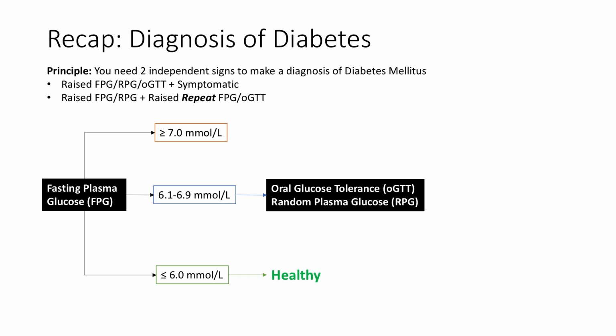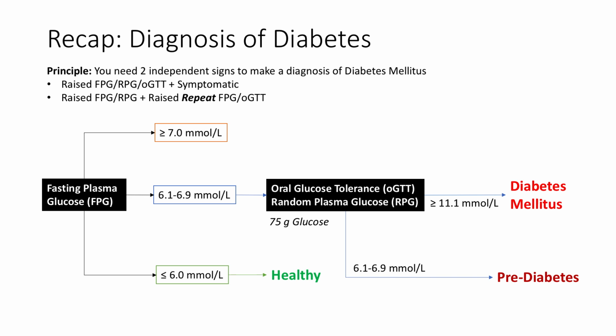So if your fasting plasma glucose is within 6.1 to 6.9, you refer for OGTT. If OGTT is above 11.1, it's a diagnosis of diabetes mellitus. If OGTT is still within the sub range, then it's a pre-diabetes picture.